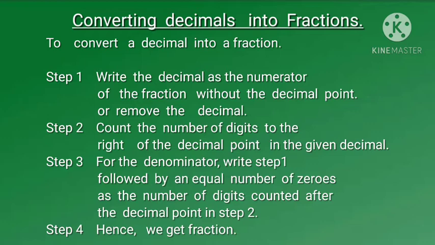Count the number of digits to the right of the decimal point in the given decimal. Then, for the denominator, write 1 followed by as many zeros as the number of digits counted after the decimal point in step 2.